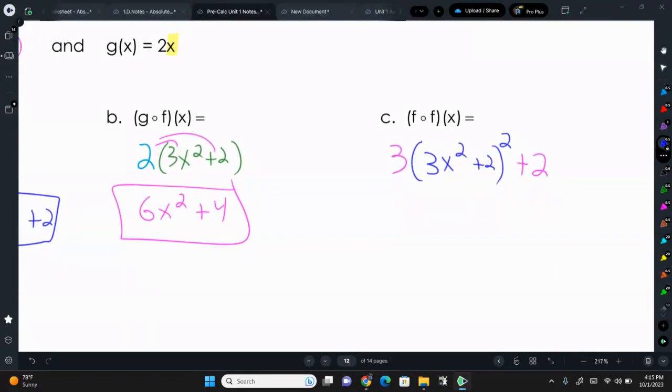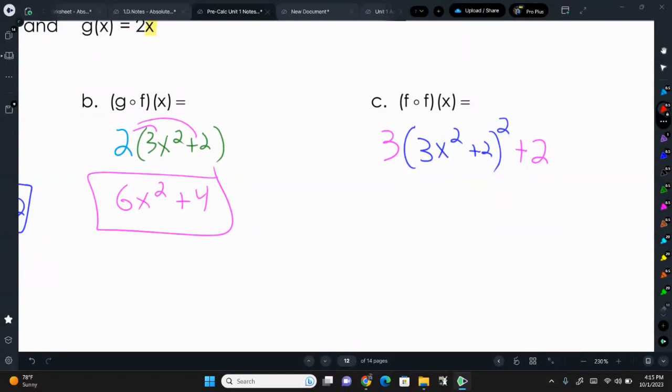So now we have to simplify this so that 3 is going to stay in front. And then (3x squared plus 2) squared, we have to multiply out. And that's going to give us 9x to the 4th plus 3 times 2 is 6, but then times 2 using the shortcut is going to be 12x squared plus 4.